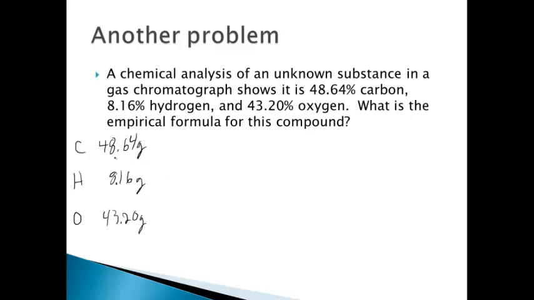Okay, so step 1, take percentage, turn into grams. Step 2, convert them to moles. So cancel out grams and go to moles for each one of these. Alright, I got gram and mole together. The mole is 1.